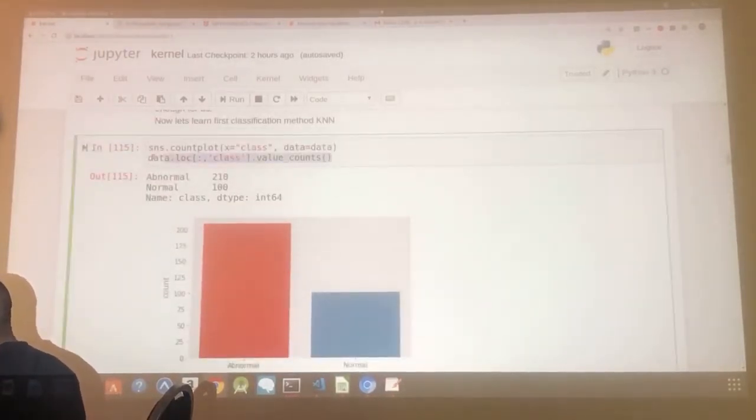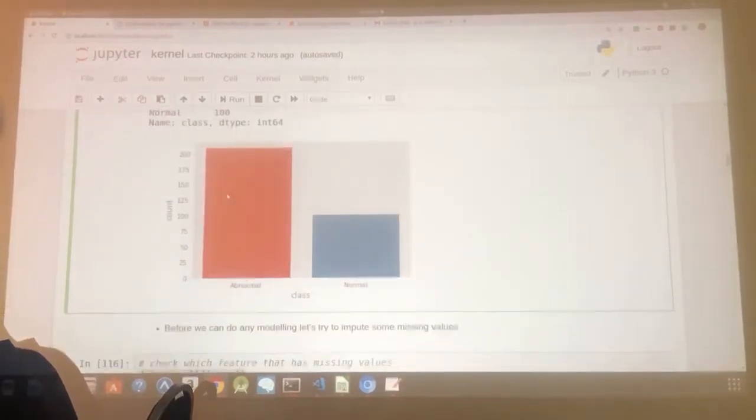So here we just say, can you see the count plot, or how many abnormal people I have versus normal? This is quite very important because remember we said this is a medical data set, so you can introduce some biases into your algorithm, and you don't want to do that.